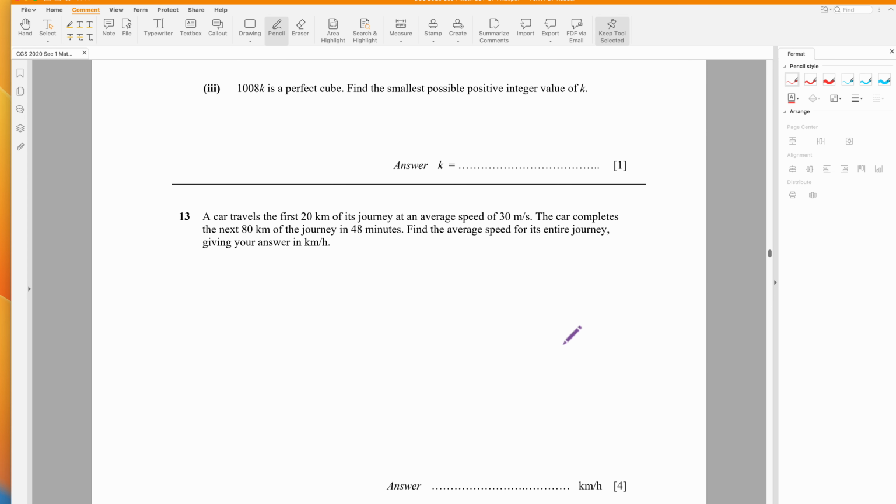Distance. That question, you need to change the unit 48 to hours. Then you also need to change this to kilometer per hour. You see? You can't make mistakes like this. I got km, so you need to convert it to km per hour.